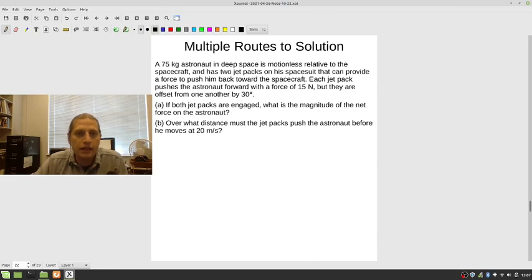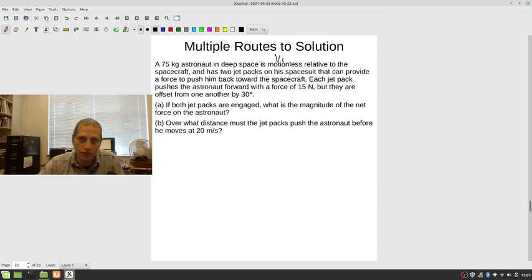I say a 75 kilogram... So this is another one of your short answer questions that's on your review that will also be in effect on your exam. It says a 75 kilogram astronaut in deep space is motionless.